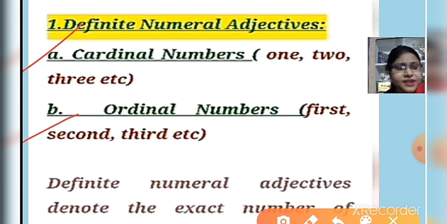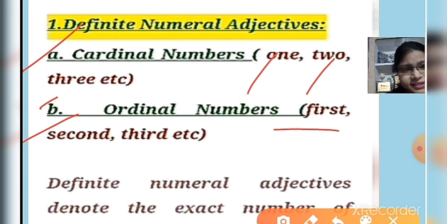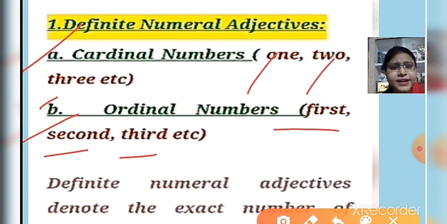Cardinal adjectives are those types of adjective in which we have numbers like 1, 2, 3, etc. And in ordinal adjectives we have words like first, second, third, fourth, etc. So it's very easy to understand that cardinal adjectives are words like 1, 2, 3, 4, and 5, and ordinal adjectives are the words first, second, third, and fourth. Clear? Let's see further.